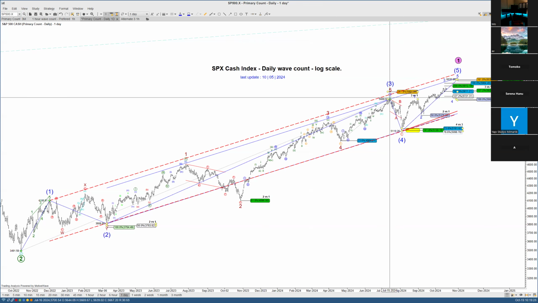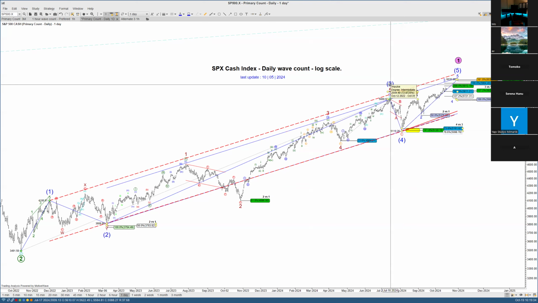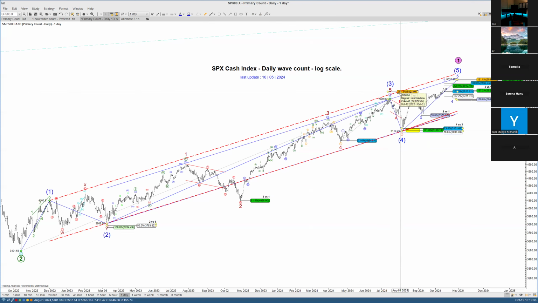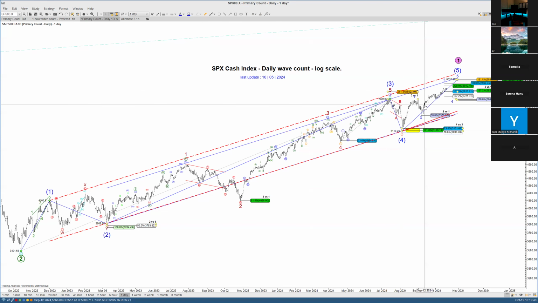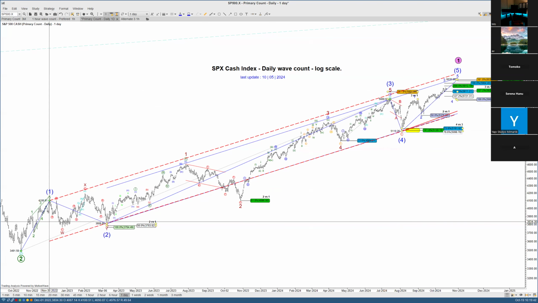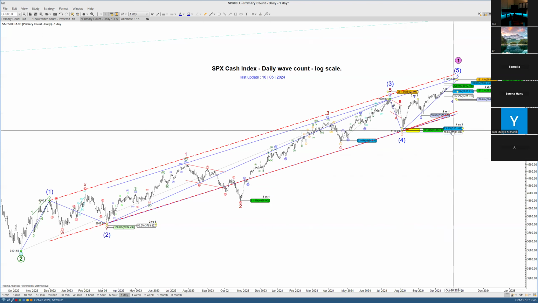And then what happened? We took a 10% drawdown. This third wave satisfied the third wave. As we know, the third wave is the longest one in the entire trend compared to wave 1. And then the fourth wave came, and look where the fourth wave ended, right at that 23.6.